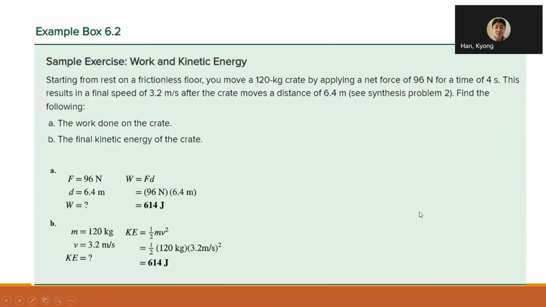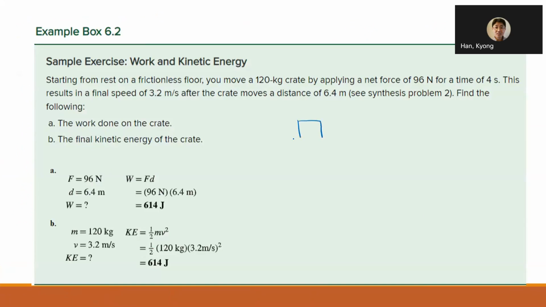We're gonna solve one problem. Starting from rest on a frictionless floor, you move a 120 kilogram crate by applying a net force of 96 Newton for a time of 4 seconds. This results in a final speed of 3.2 meter per second after the crate moves the distance 6.4.